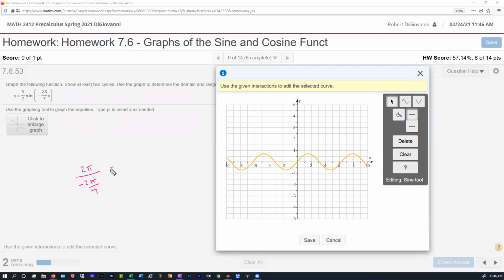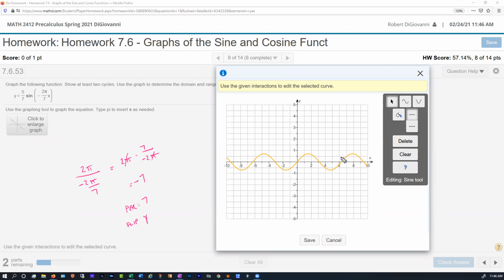So that's the same as 2 pi times 7 over negative 2 pi. And so the pi's cancel. We still have a negative on bottom, so we have -7. So the way we're going to look at this is that the period is going to be 7, but then we're going to flip it over the y-axis because of the negative in front of it.